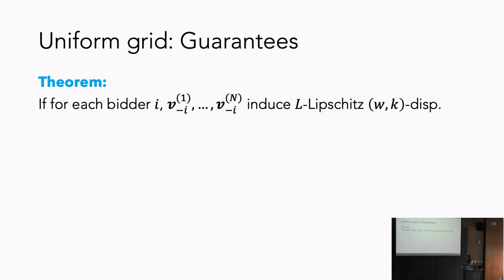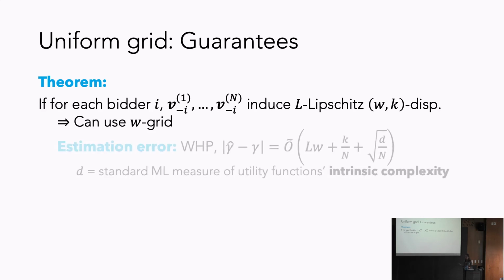Okay, so here's the theorem that we prove. If for each bidder i, these samples do induce L-Lipschitz WK dispersion, then we can use the W grid as our finite subset that we search over.